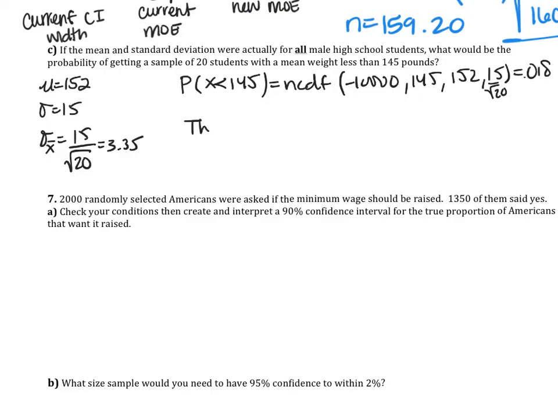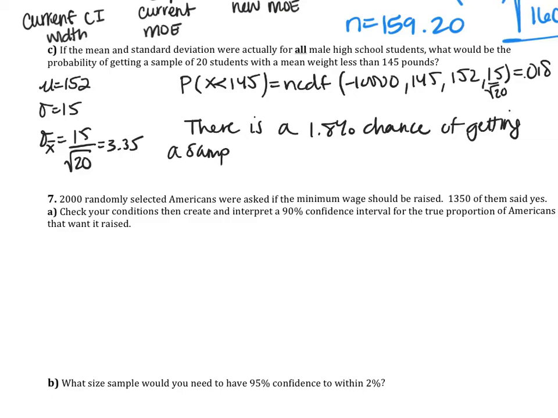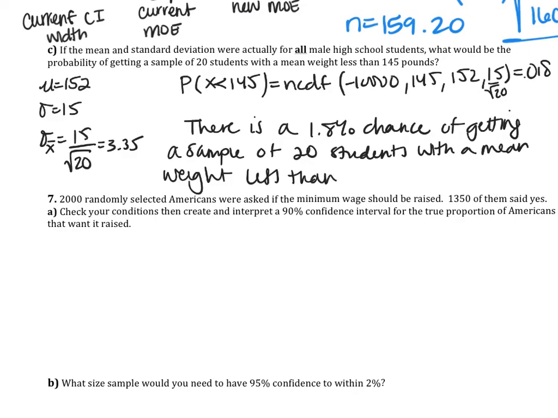So there is a 1.8% chance of getting a sample of 20 students with a mean weight less than 145 pounds. Okay?